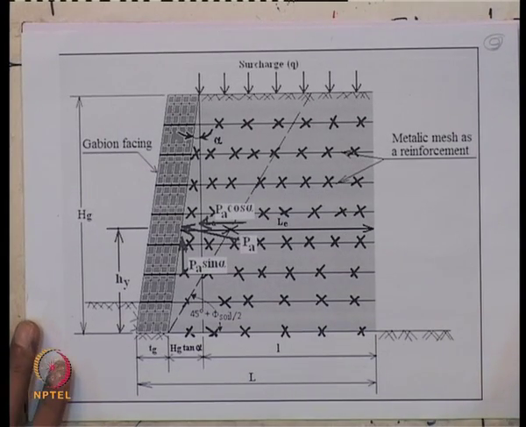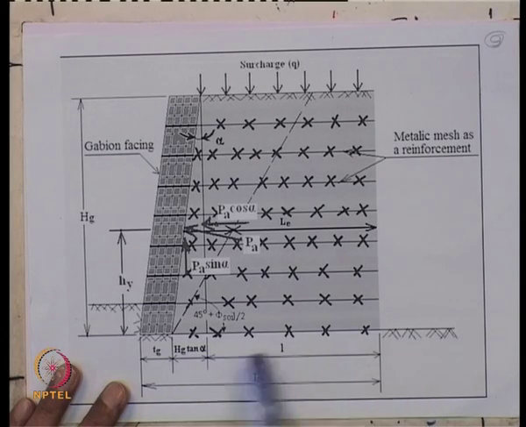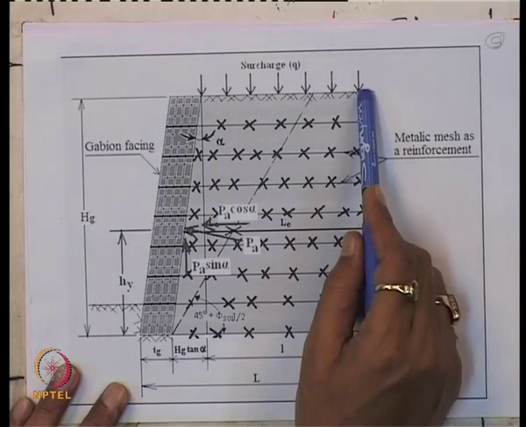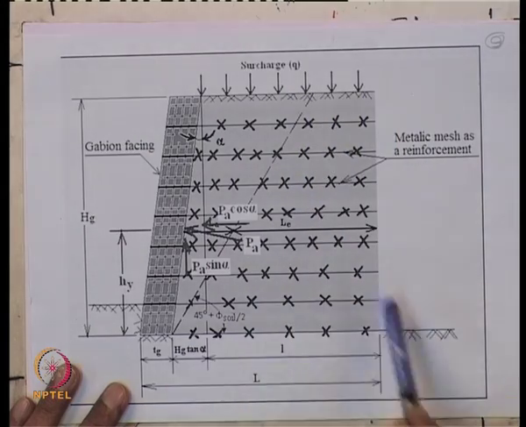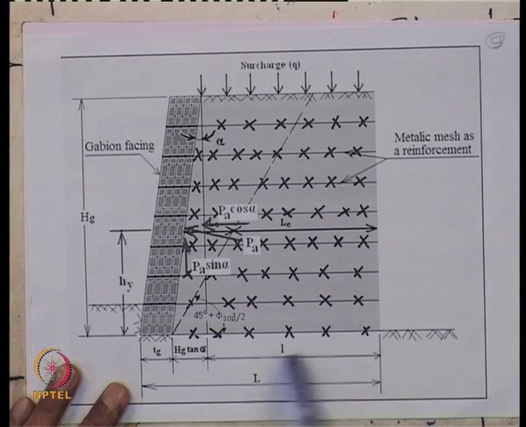Now step 5, calculation of weight of the surcharge. So there will be a surcharge, and that surcharge is Q. So the weight of the surcharge Ws will be Q into L, where L is this distance. Now how to calculate this L?